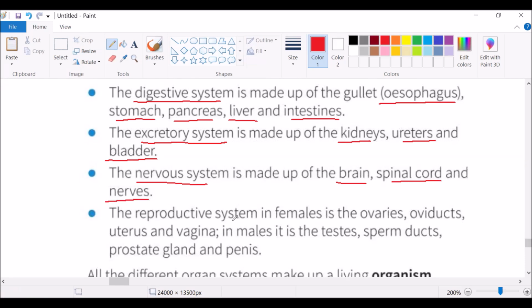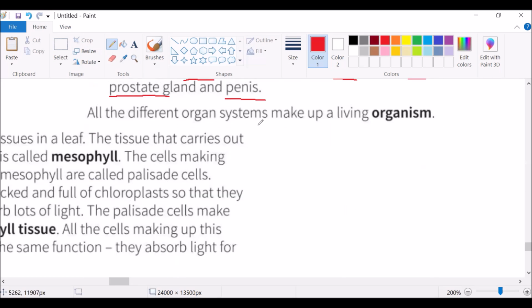The reproductive system in females is made up of the ovaries, oviducts, uterus, and vagina. In males, the reproductive system is made up of the testes, sperm ducts, prostate glands, and the penis. All the different organ systems make up a living organism.